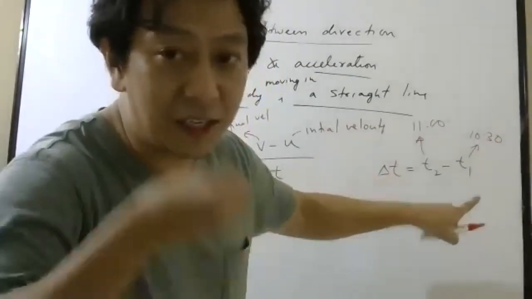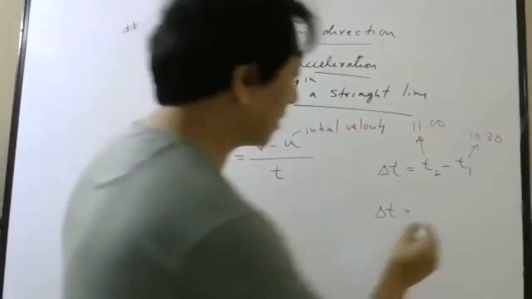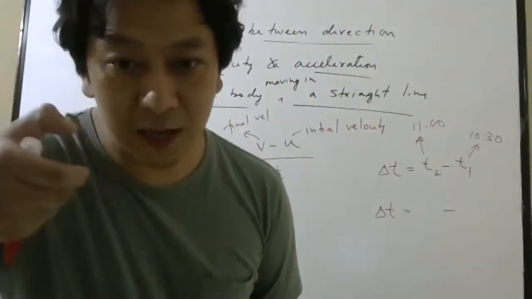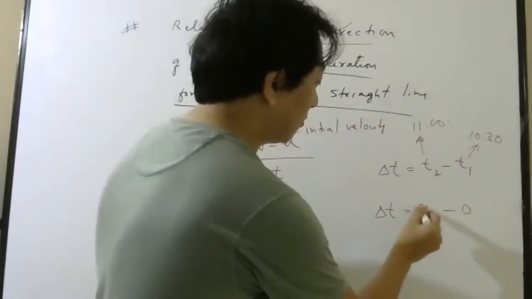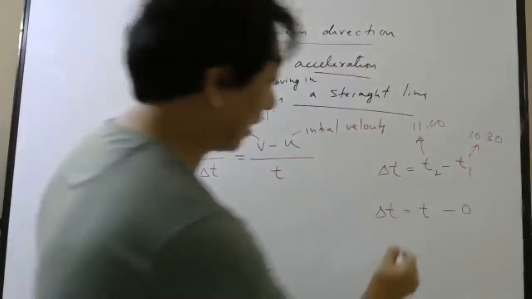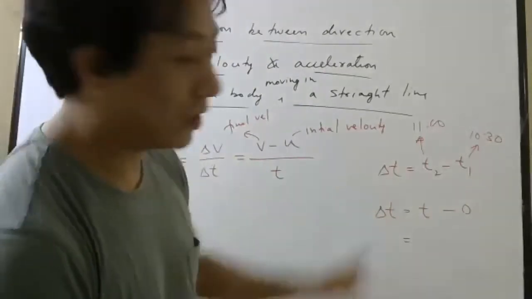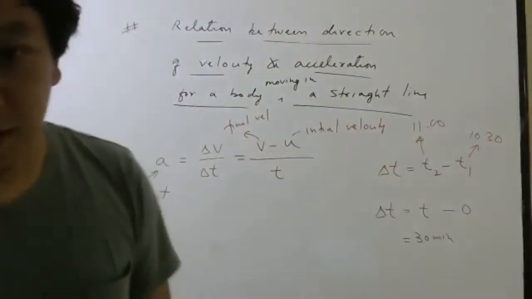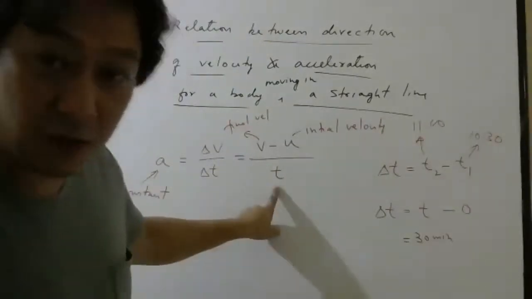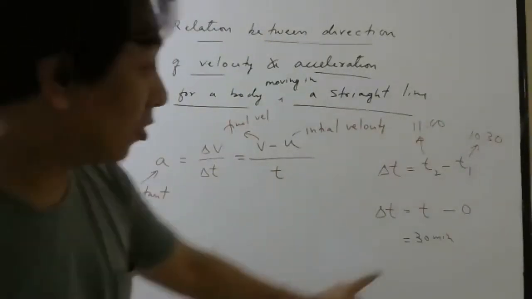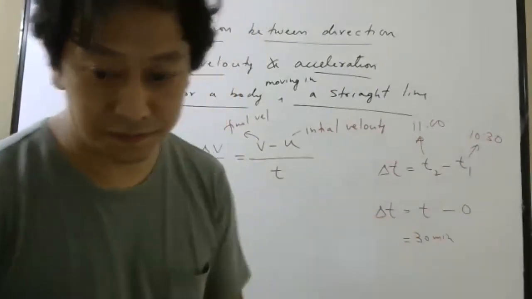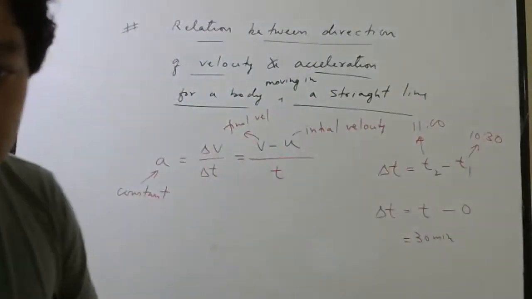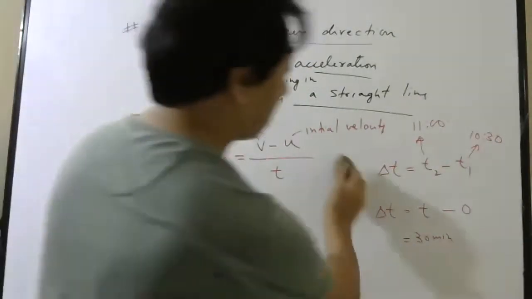When you started eating the food, I will start the stopwatch. When I start, it shows 0. So if this is 0, then this will be your T. In this problem, T will come to 30 minutes. Everybody understood? So we can write T for time taken, provided your starting time is 0. These are very small, basic things which students must know.